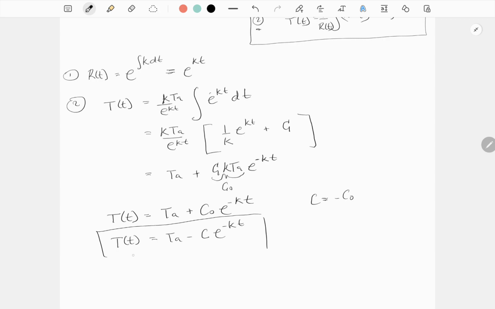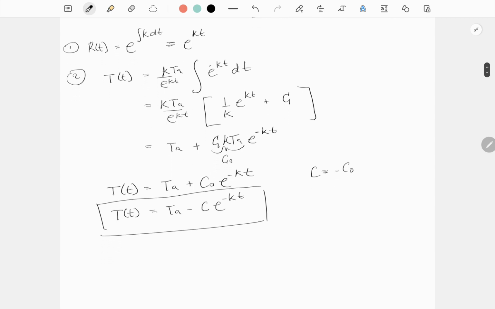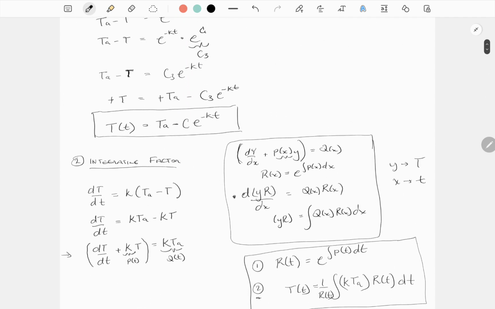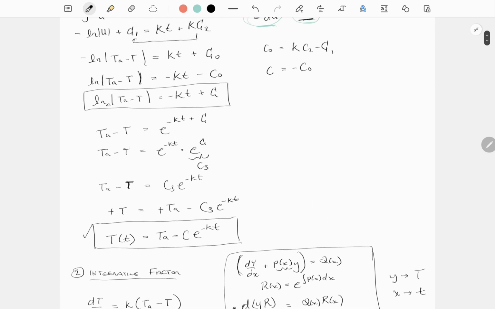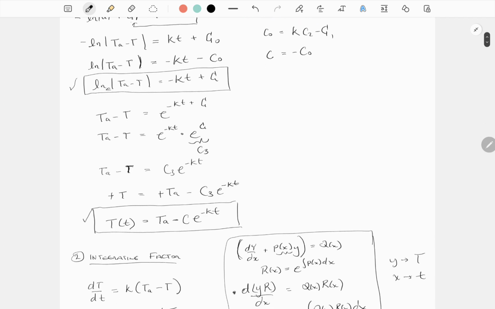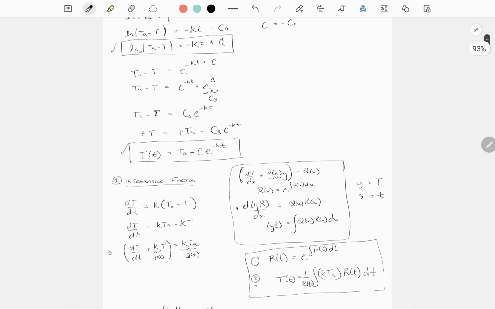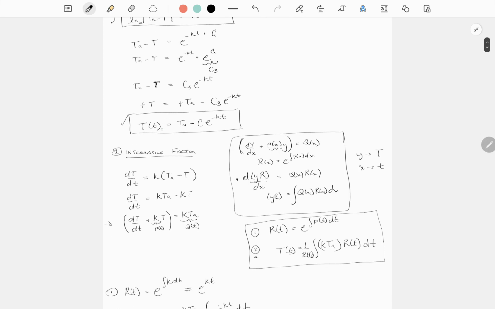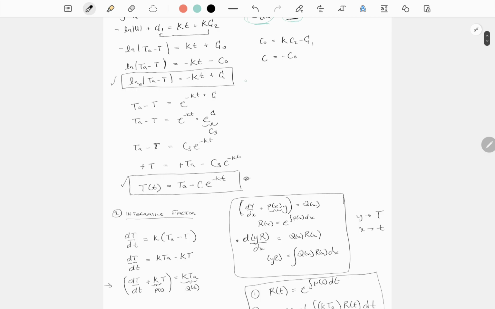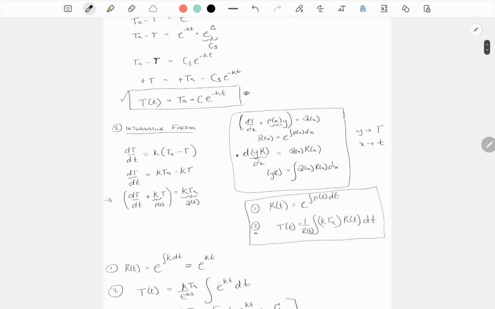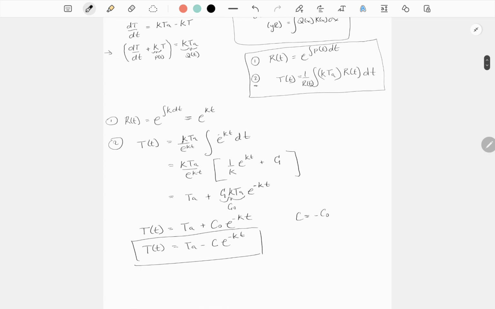This expression is the direct solution that we found right here. We can go backwards and show that it's the same as this one, but you can already see that I derived this expression right here from this expression right here. So this one is exactly the same as the one we have here.